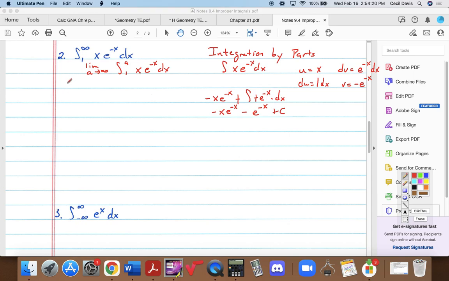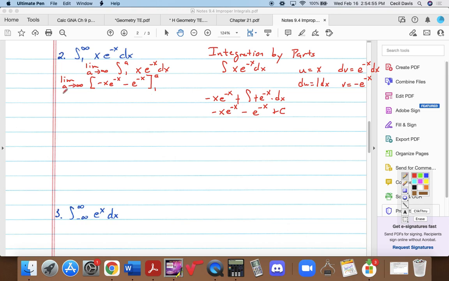So then back over here, we'll have the limit as a goes to infinity of negative x e to the negative x minus e to the negative x, from 1 to a. We do not need to include the plus c, because if we were to actually include it, you'd have a c and a negative c, and they would just cancel out.